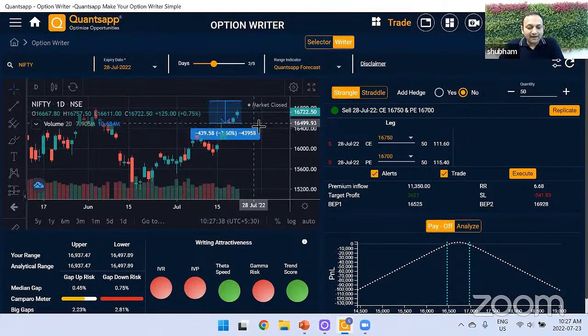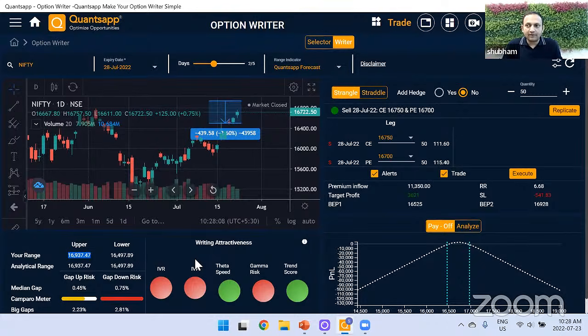But basically, I should be selling this level on the downside, which is 16,497, and on the upside, this level, which is 16,937. So what the algorithm did behind the scenes is that it understood what the instrument is doing, and also took the trend inside the instrument and then created a forecast.